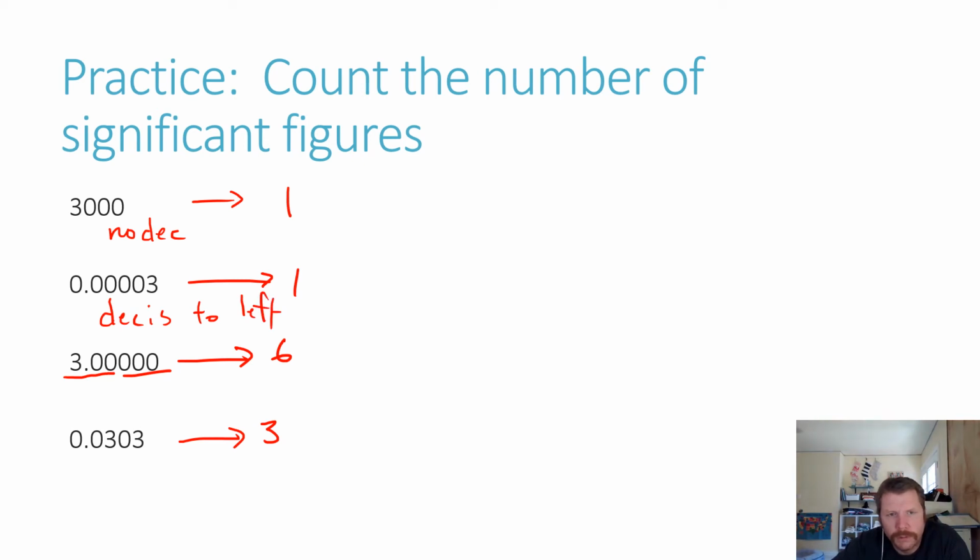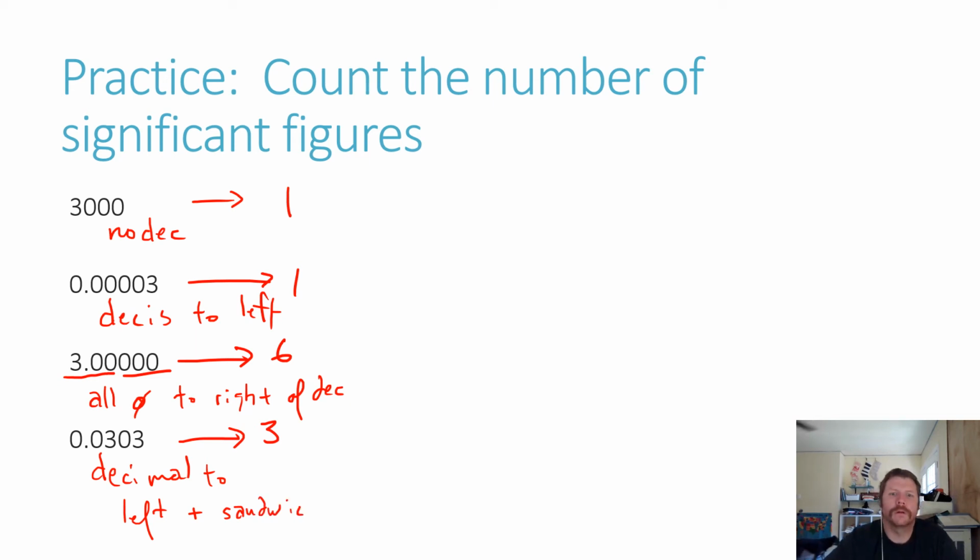And this one has all zeros to the right of the decimal. And then this, our decimal is to the left, and we have a sandwich 0. Okay, so that's what's going on in that slide.